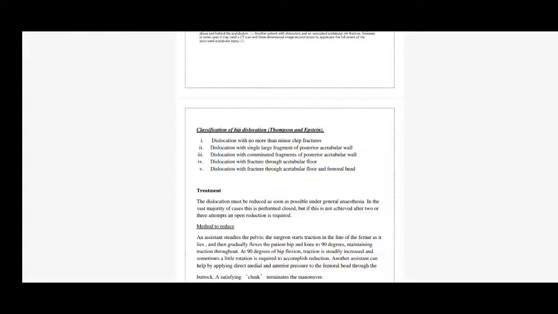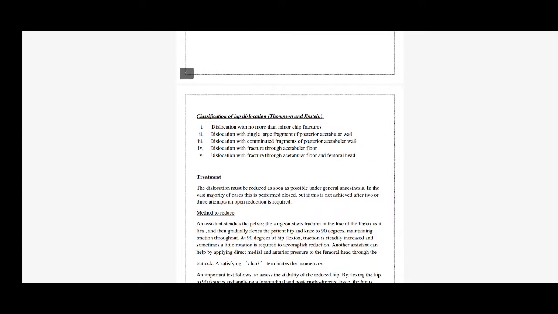Classification of posterior hip dislocation is very important, the one called Thompson and Epstein. We have 5 types. Type 1 is the simplest form, a dislocation with no more than a minor chip fracture of the posterior acetabular wall. Type 2, dislocation with a single large fragment of the posterior acetabular wall.